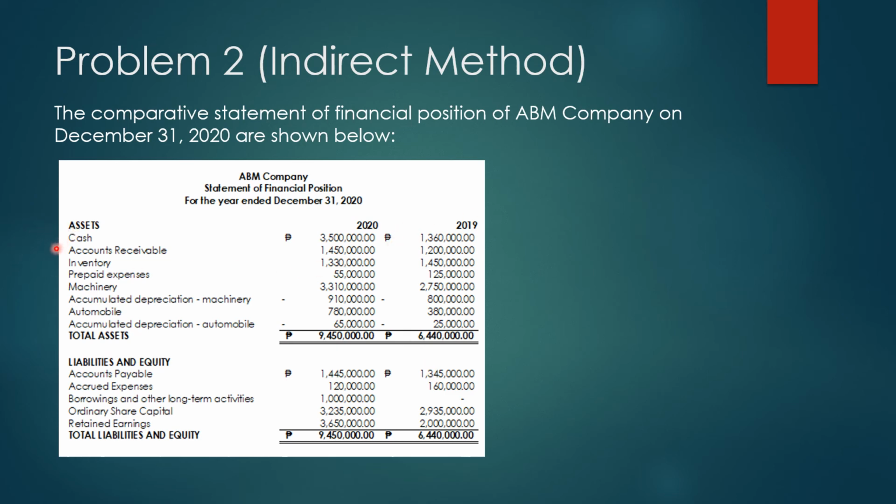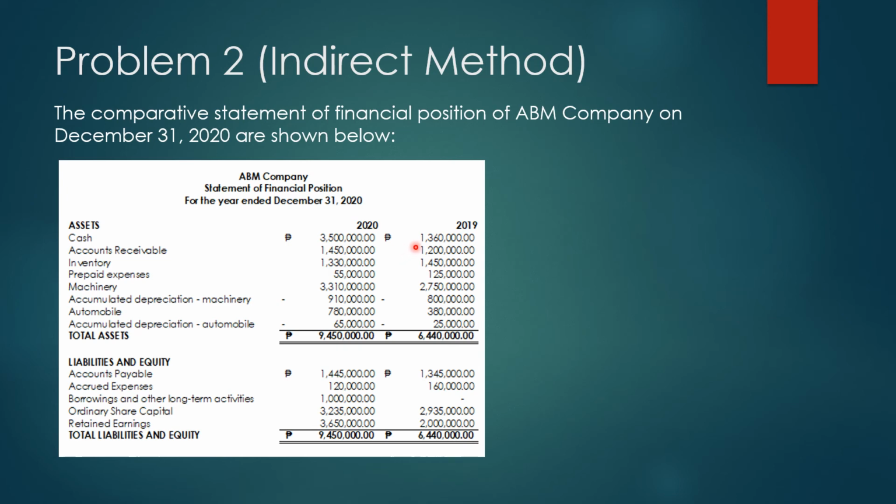Identify what the current assets and current liabilities are, because later on you will use them. Cash is our concern now. We are making the cash flow statement, right? The ending amount of the cash flow statement should be this, 3.5. This should be the answer we get in the statement of cash flow.